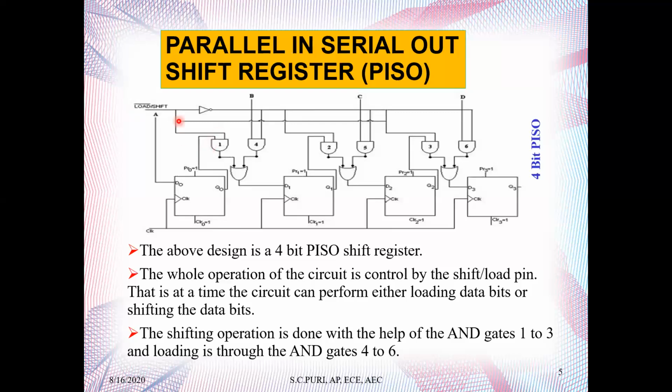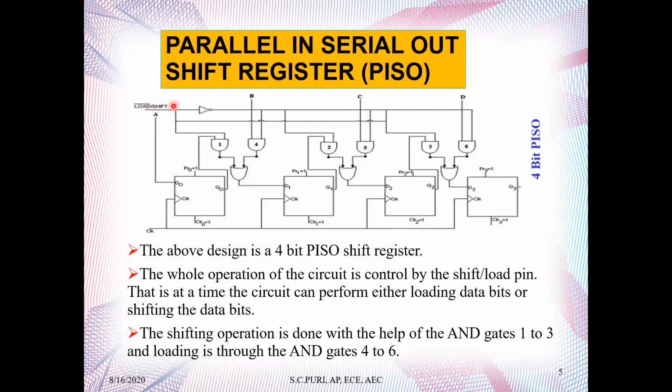So from here, if you put 0, or rather you load it, what will happen is basically AND gates 4, 5, 6 will be on. And if you put shift, here will be 1, here will be 0. So if you put here 0, load bar will be 1.